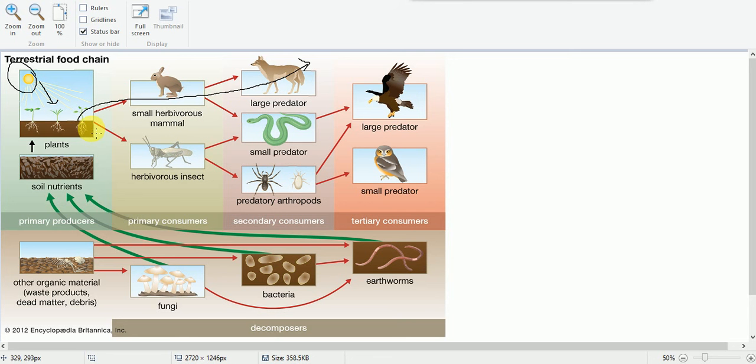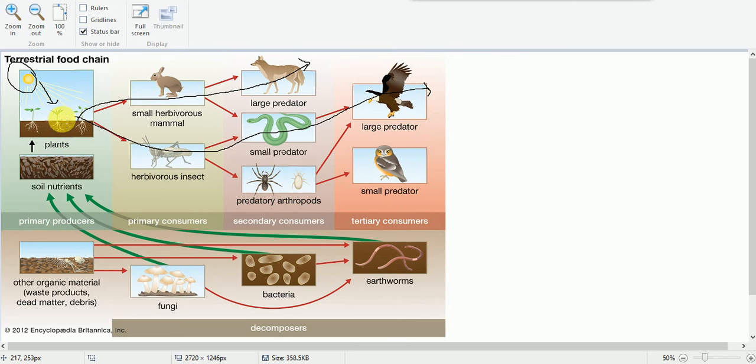Then again, plants are eaten by herbivores, that is insects, for example grasshopper. Then they are eaten by small predators like snake. Then snakes are eaten by the hawk, a large predator.